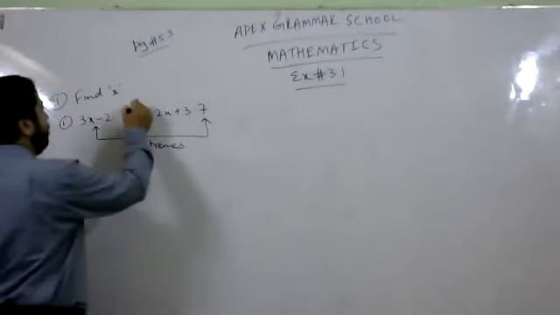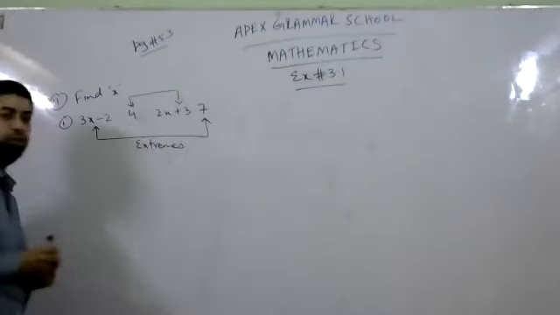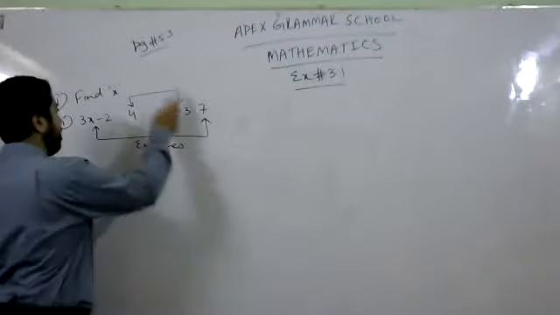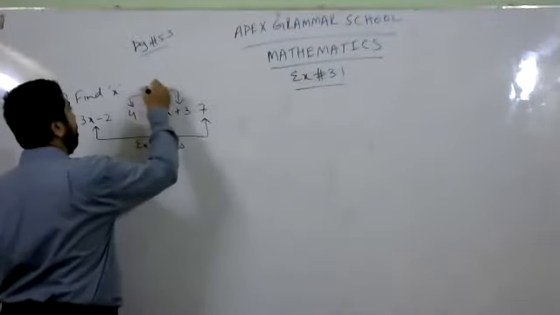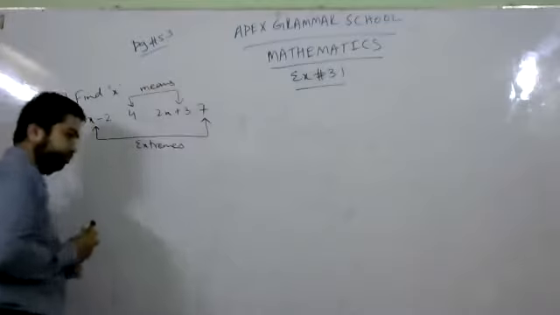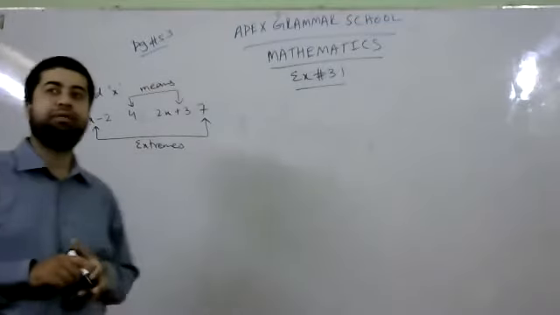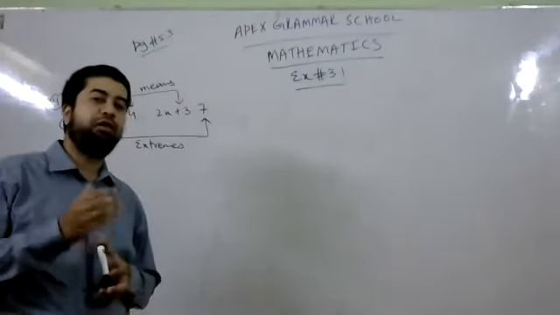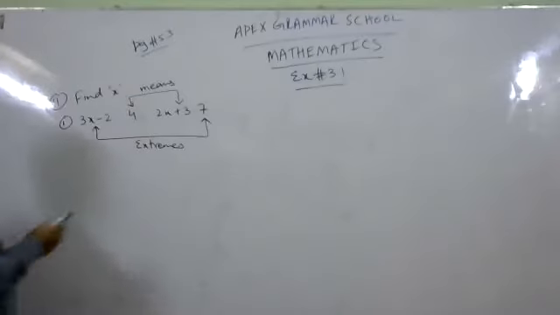And 4 and 2x plus 3 are called means. So we have the formula, that is product of means is equal to product of extremes.